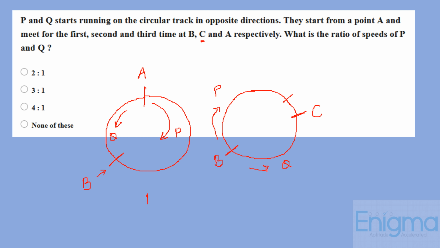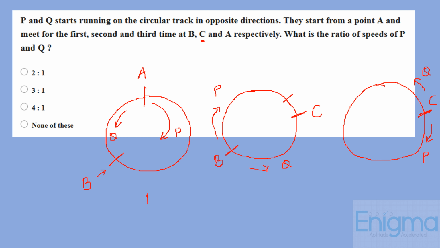Okay. Now again, this is the second meeting point C, and P and Q are still traveling in the same directions.